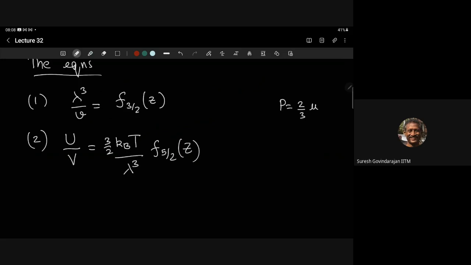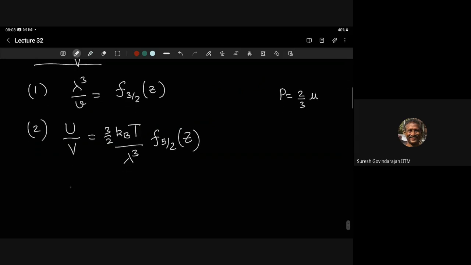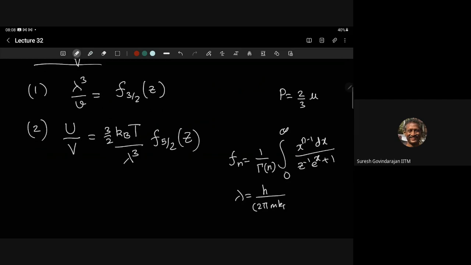Where these f_n's I don't have to define again, hopefully, or maybe let me. So this is the definition of all these functions, and lambda is the thermal wavelength.